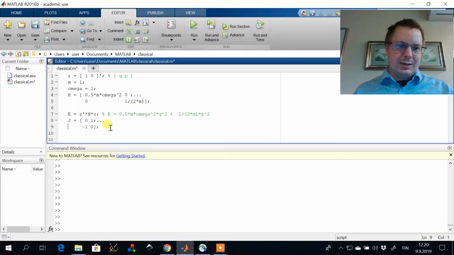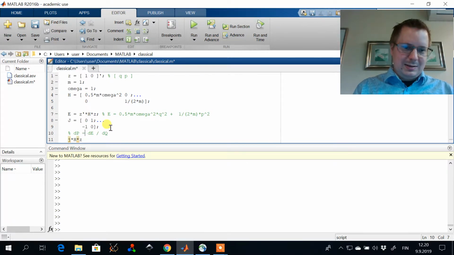So I can actually do something like H times Z, and then the Hamiltonian equations of motion, you have like dE dq, so we have dp, so dot p equals this one, and then like so, and then dot q equals dE dp roughly.